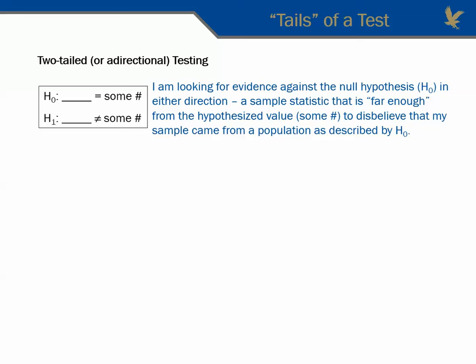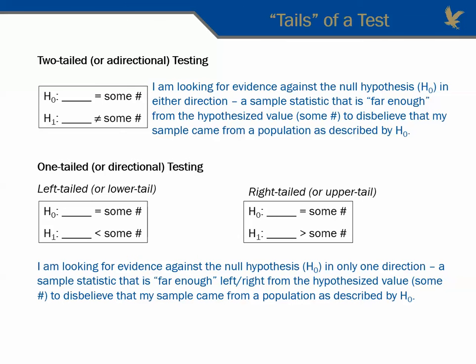You are only interested in a statistically significant difference from the stated value, hence the not equal to sign. Directional testing is necessary when your question involves a direction of interest to the researcher. If you imagine those inequality signs as arrows, you can remember which direction you are interested in.